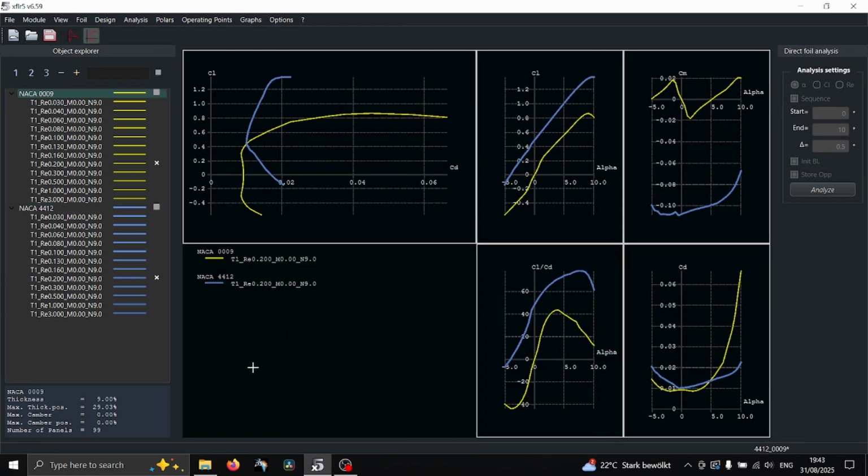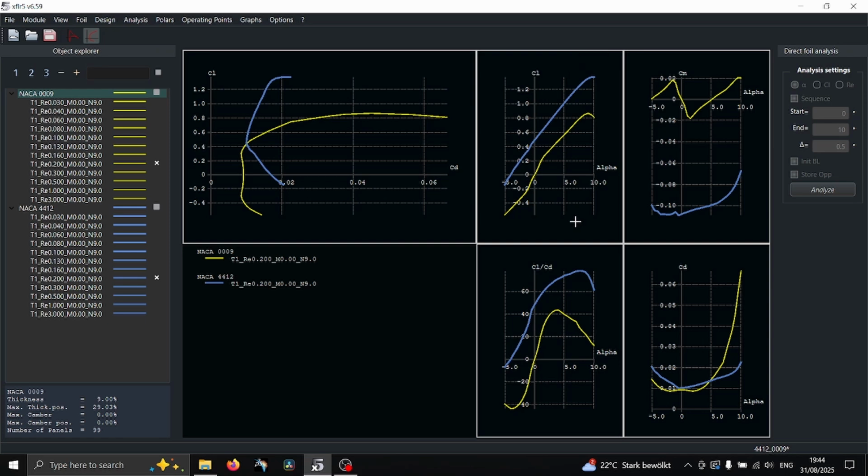And I want you to pay attention now to these graphs. Here you see some polars of the airfoil, and let's talk about the lift coefficient polar, which is this graph. So basically the dependence of the lift coefficient on angle of attack, alpha.